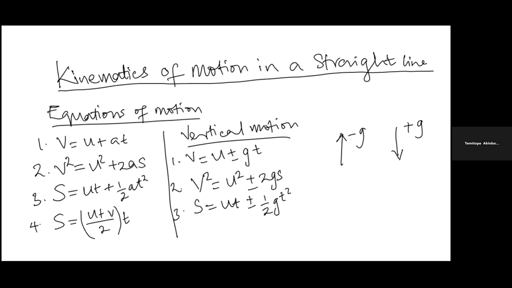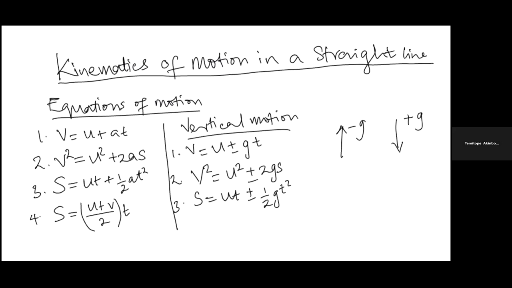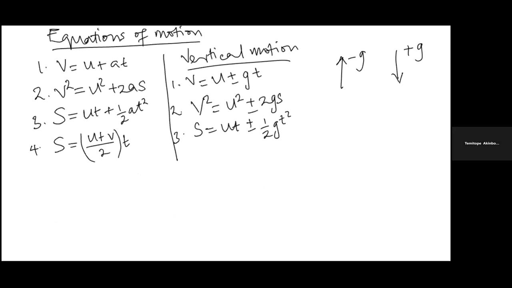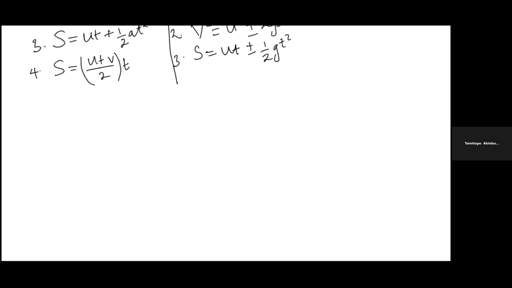Okay. Now, let's look at where the integration concept comes in. You know that we define speed, let me start with speed, to be change in S over change in T. In other words, speed or velocity is the rate of change of distance with respect to time.